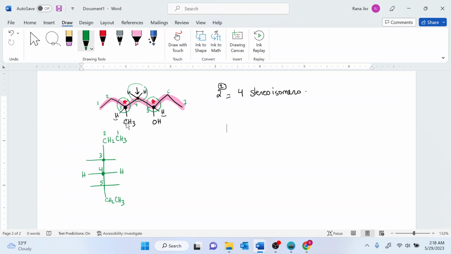There's a rule for Fischer projections, and I don't want you to confuse this with the R and S rule that we did before. Before, remember, we said we invert the groups so that the lowest priority group is always going to be behind. This is what we said whenever you are figuring out the R and S configuration in a 3D molecule.